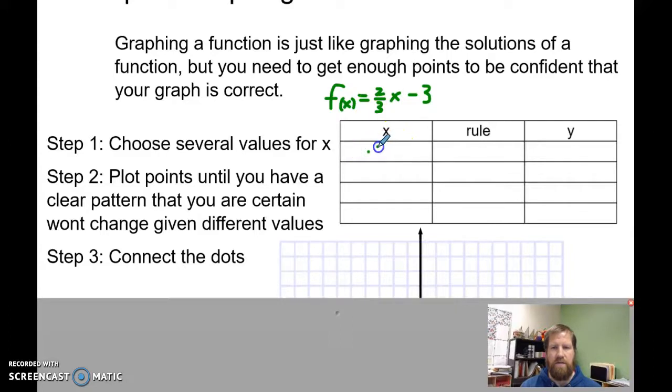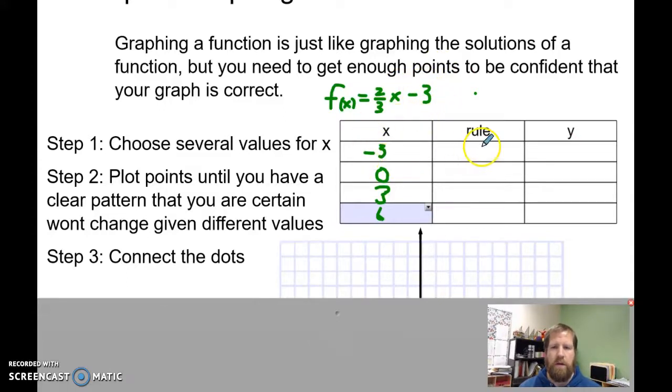So I'll have -3, 0, 3, and 6. Sorry, my mouse is not cooperating. And the reason I do that is I'll always end up with whole values, right? I won't have any fractions for y, at least as long as I'm not adding or subtracting by a fraction.